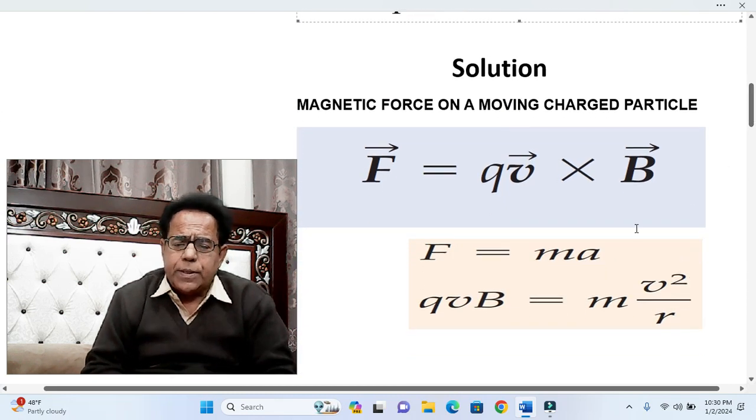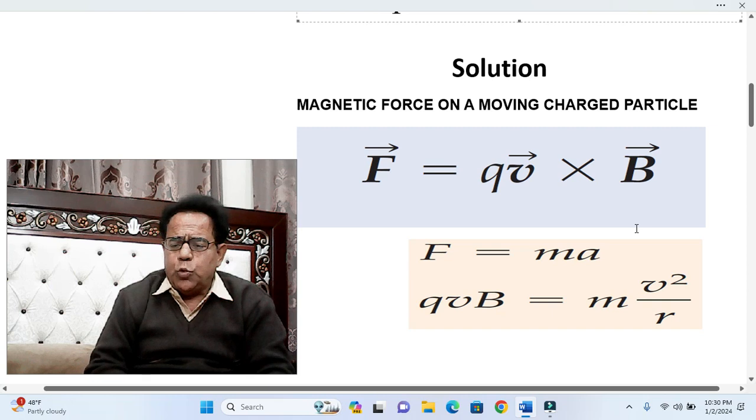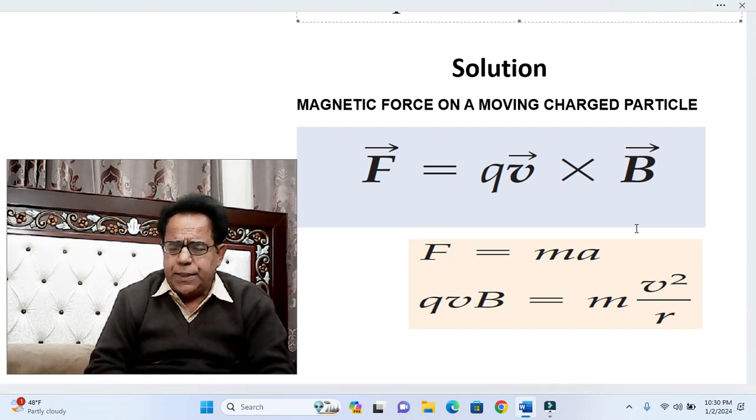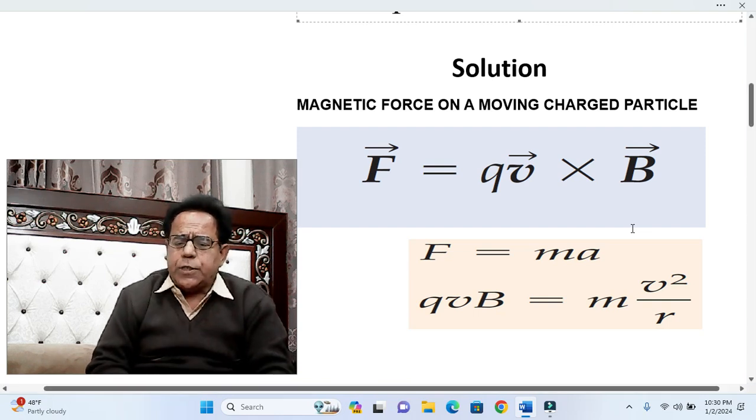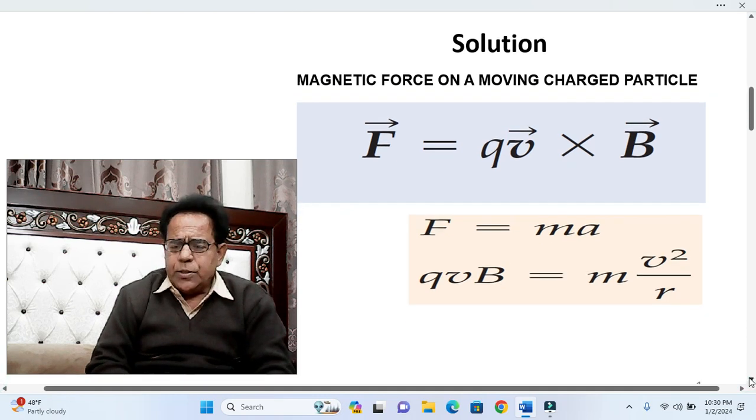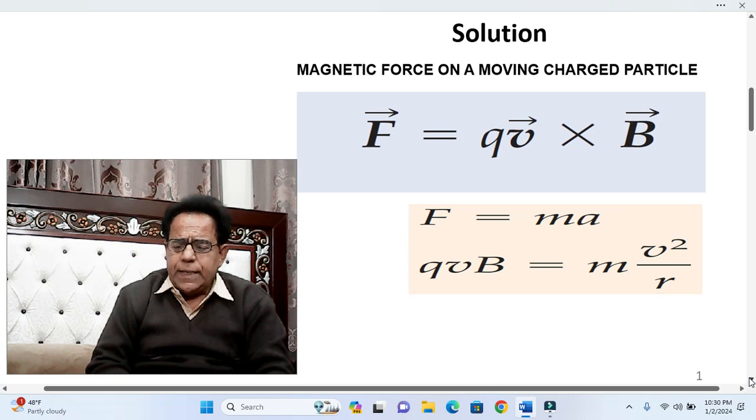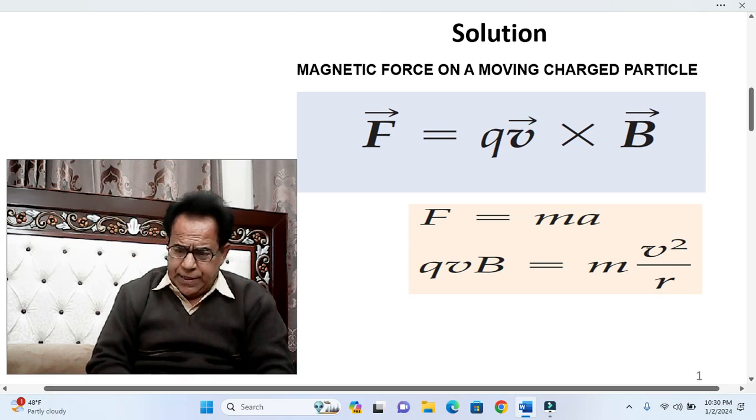First snapshot is the magnetic force on a moving charged particle, F equal to qv cross B. F vector is equal to qv vector cross B vector. According to Newton's second law of motion, F is equal to ma. So it becomes qvB equal to mv squared over r, where v squared over r is the centripetal acceleration.